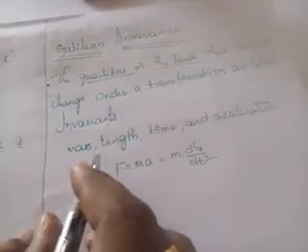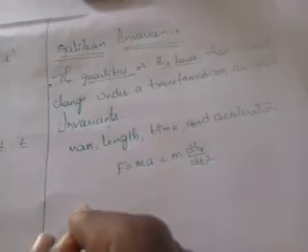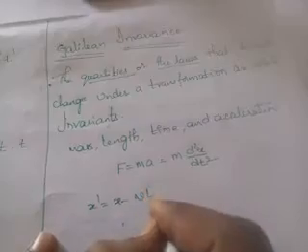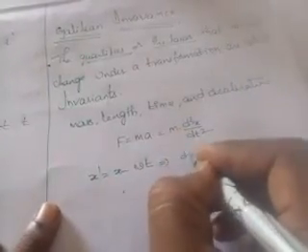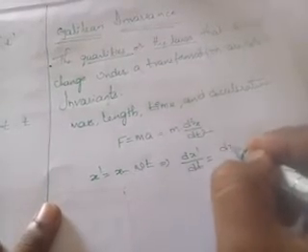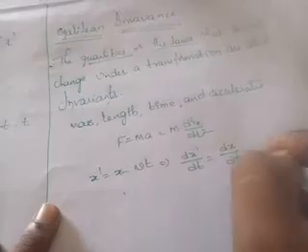Now let us take a transformation equation, x dash is equal to x minus vt. Differentiate this with respect to t, then what do we get? dx dash by dt is equal to dx by dt minus v, where velocity v is constant.